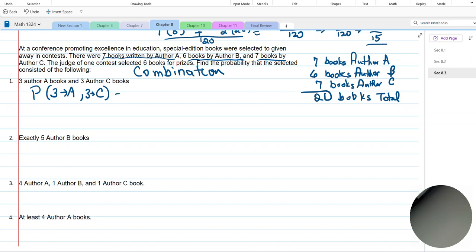So that means that we have, in combination of A and C, 7, choose 3, and 7, choose 3, over the total, which was 20, choose 6.